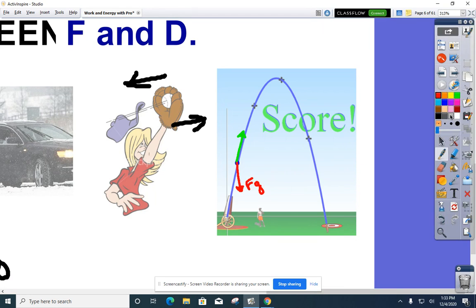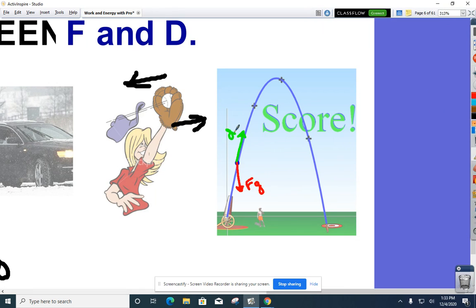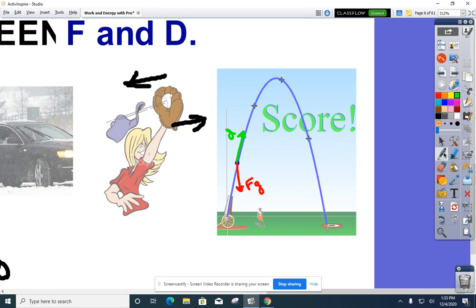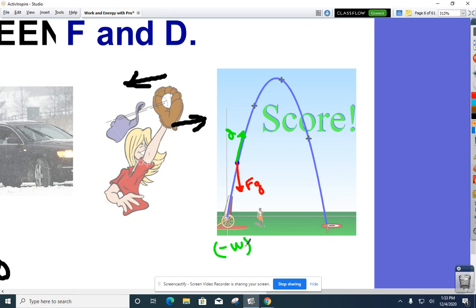I'm not drawing an FBD here. This is an instantaneous displacement vector showing which way it's moving at that point. This is a force vector, so it's not an FBD. But clearly you can see that while the projectile is rising, the Earth is doing negative work on the projectile, because that force of gravity is acting mostly in the opposite direction of motion.